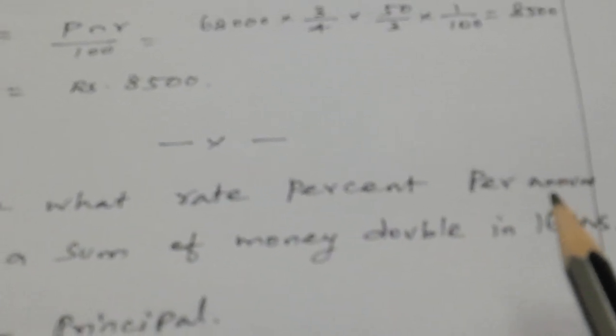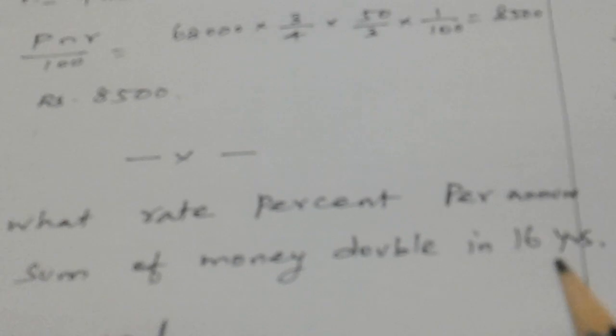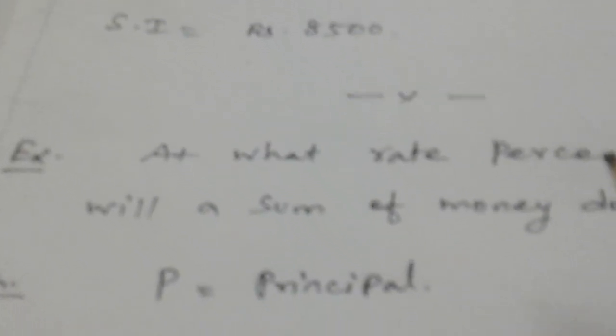The next problem in simple interest is: at what rate percent per annum will a sum of money double in 16 years? So what is given and what do we have to find?